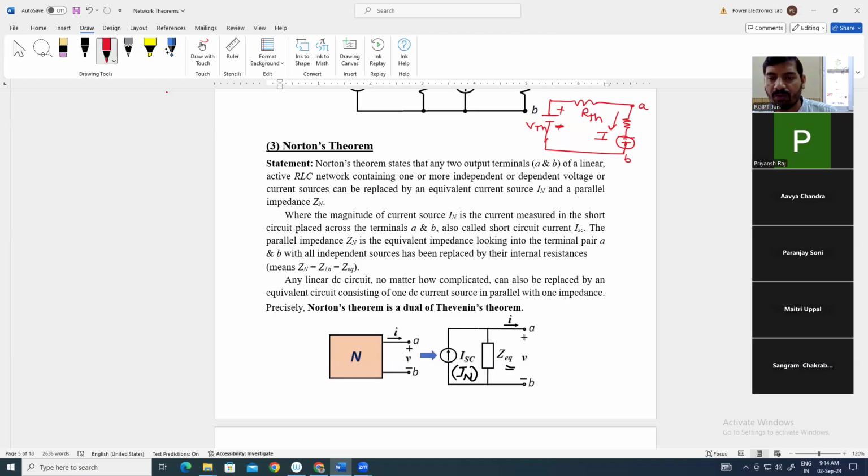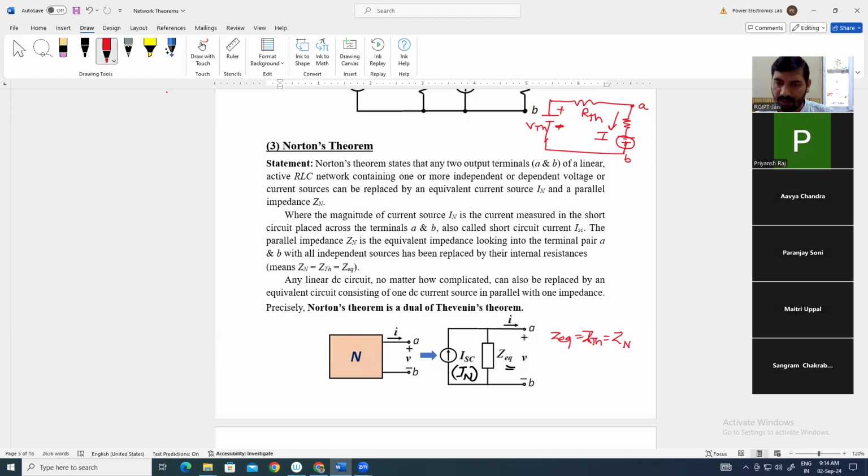Okay, so Z equivalent is nothing but ZTH in Thevenin's theorem, the Thevenin impedance, and in Norton's theorem it is called Zn. Okay, Norton impedance.